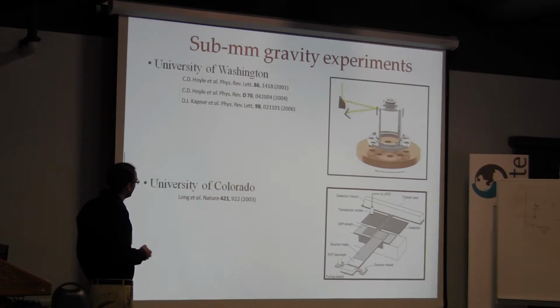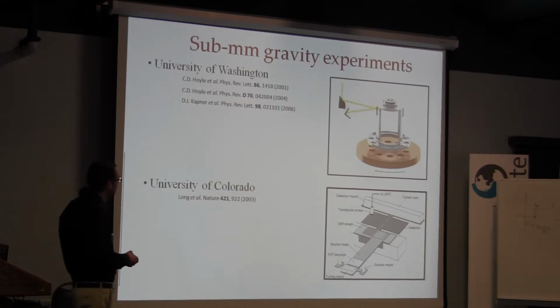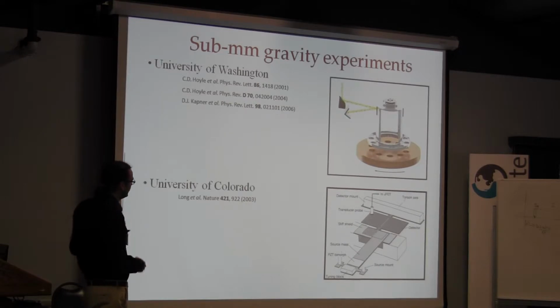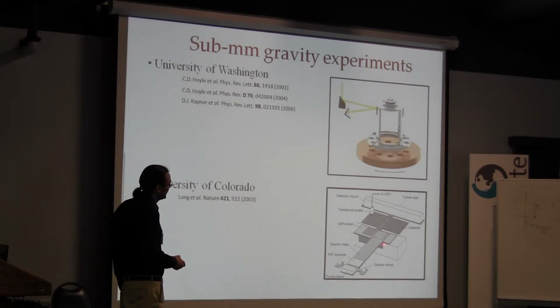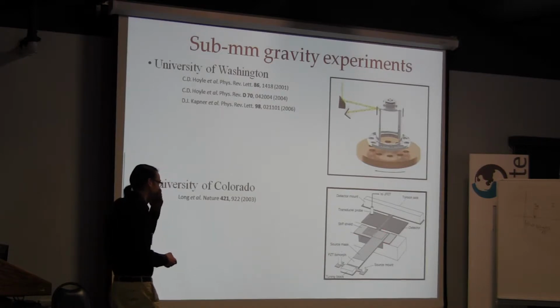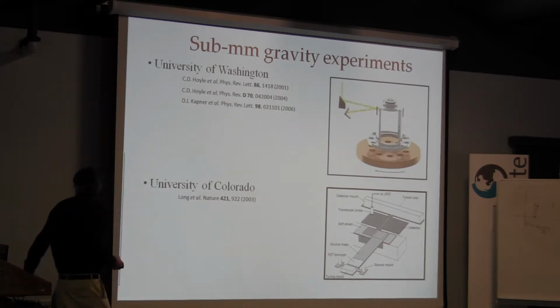At the University of Colorado, and this experiment has now moved to Indiana University, Bloomington, they have a kilohertz frequency tungsten torsional oscillator, which looks at the gravitational force between a test mass and a source mass from nearby, detected electrically.